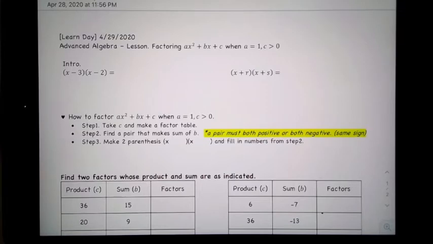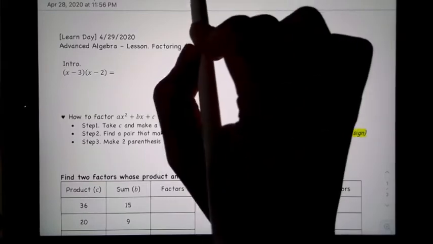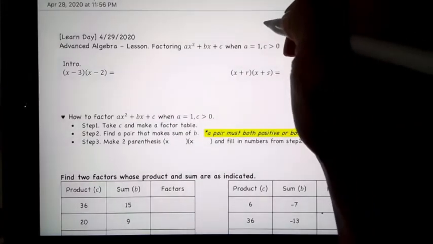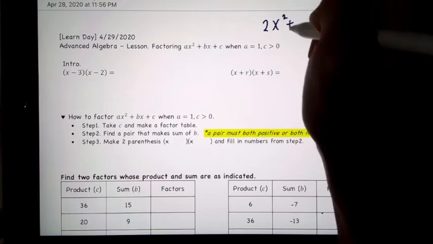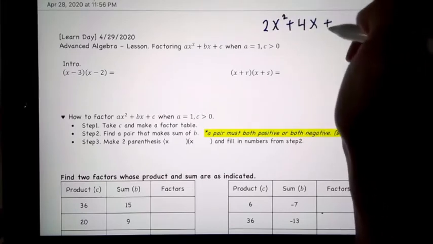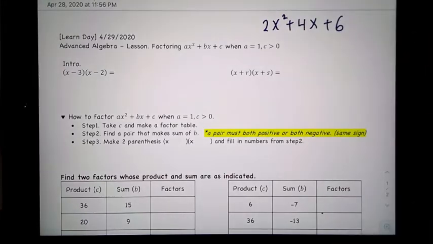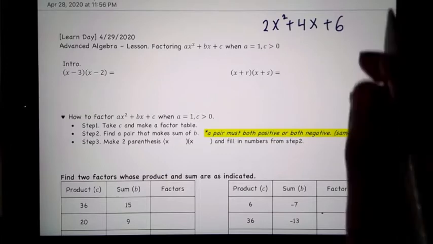Okay, and today we will continue factoring quadratics. So before the benchmark, you factored GCF, right? And for the GCF, I will show you a quick example. If you know how to factor out 2, do you see it? 2, 4, 6.